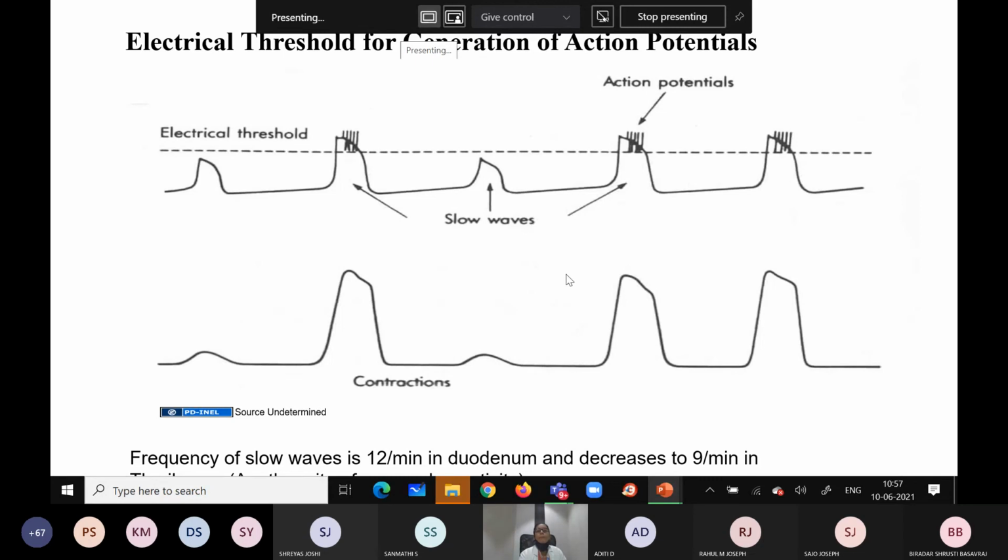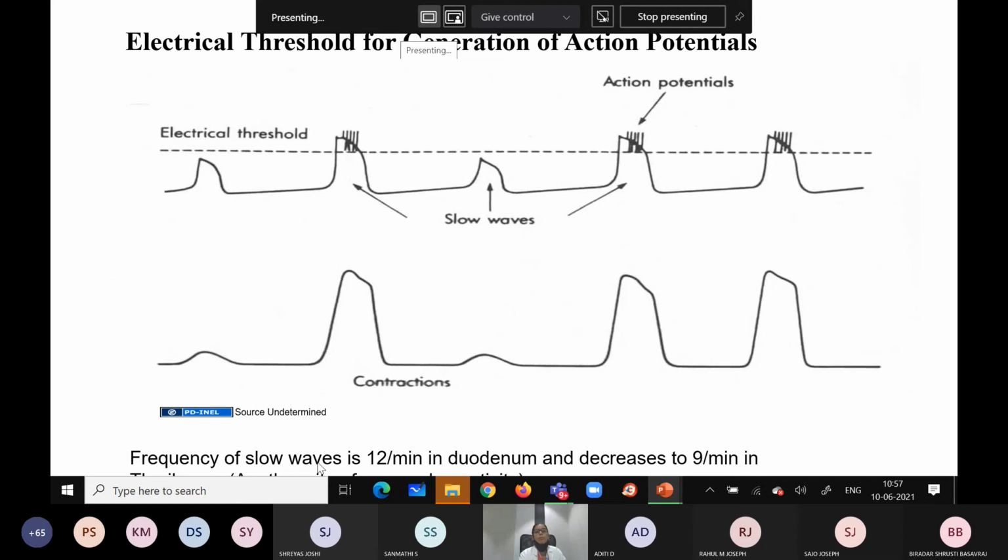Okay, so here these are the slow waves. When these slow waves reach a threshold, then the spike potential or action potential occurs. Whenever there is an action potential, peristaltic contraction or segmental contraction will begin.